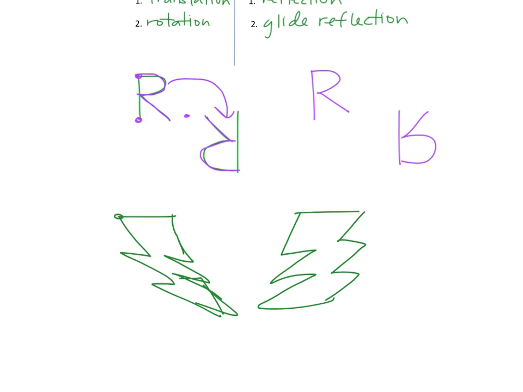Because if I'm going to say this point corresponds to this point, and this point corresponds to this point, when I'm naming them, this is going AB, that's clockwise. This is going A prime, B prime, that's counterclockwise, okay? So that's opposite orientation. So just look for that. If I'm asking you what transformation is happening, if it's opposite orientation, it has to have a reflection in it, okay? Any questions on that? All right.